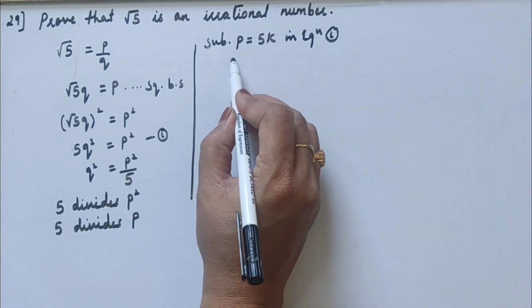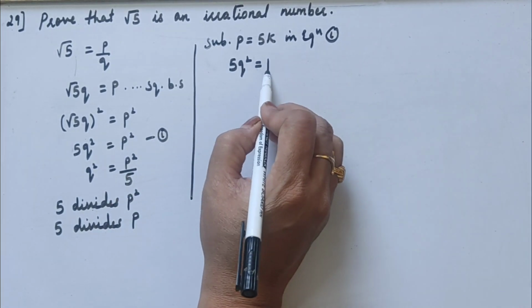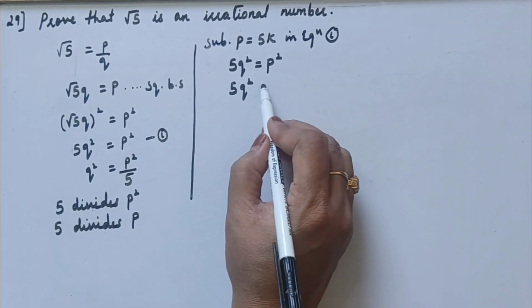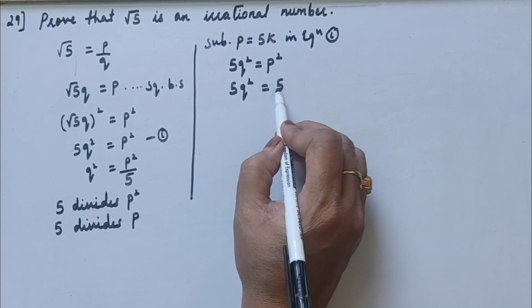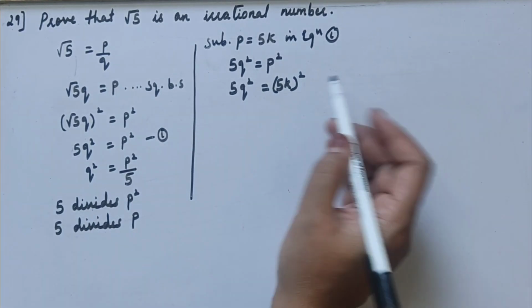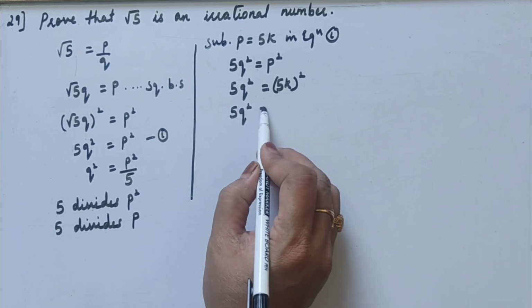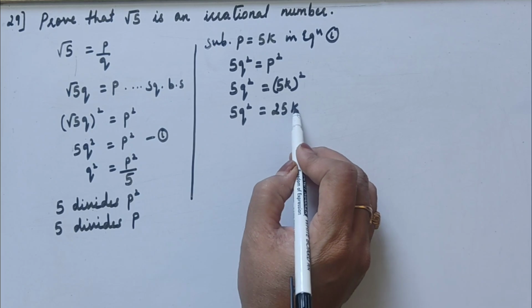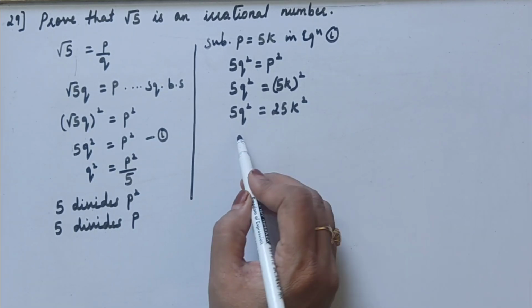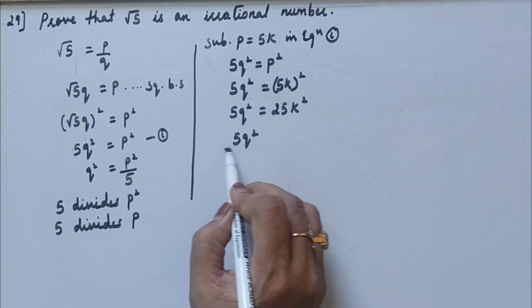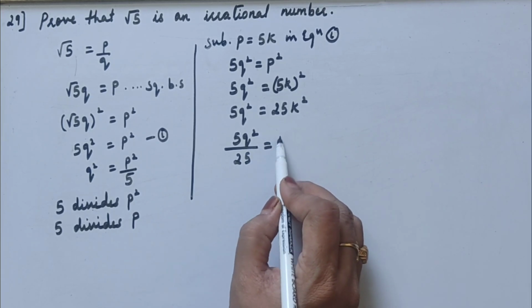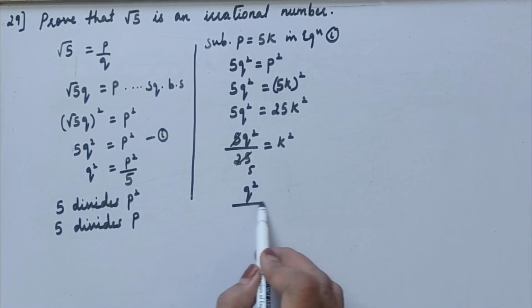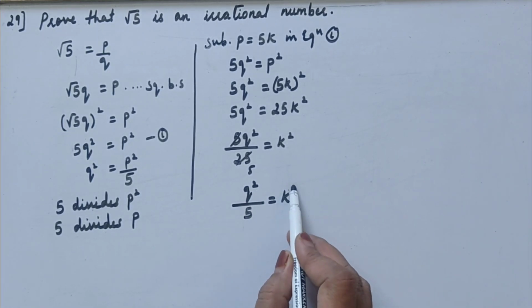This is the equation, 5 Q square equals P square. Now here 5 Q square equals, what is the value of P, 5k whole square. So 5 Q square equals, 5 is multiplied 2 times, 5 5s are 25 k square. Get this 25 down here, 5 Q square upon 25 equals k square. Now 5 ones are 5, 5 5s are 25. So I get Q square upon 5 equals k square.